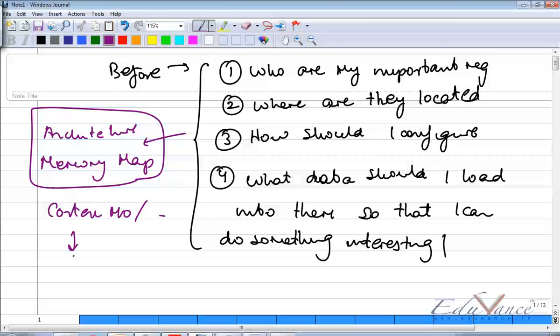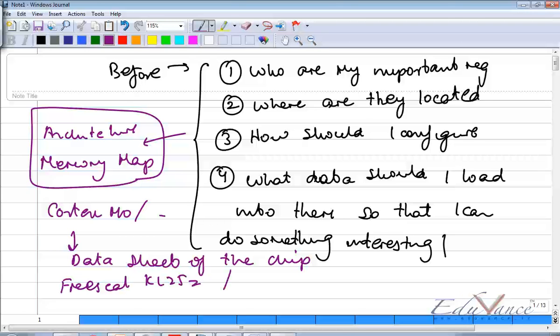And this is given by the data sheet of the chip manufacturer, which in our case could be the Freescale KL25Z chip, or for a future purpose you could, even if you're using the PSOC 4 chip.